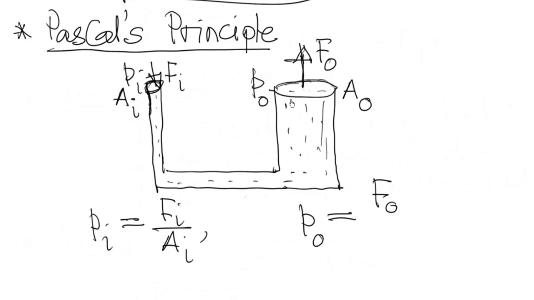This is actually a hydraulic arrangement that can be used to magnify a force. That means if we supply a smaller force Fi, we can get a larger force F naught. The work done is, however, not magnified, and is the same for both the input and output forces, as we shall see later. So P naught is F naught by A naught.